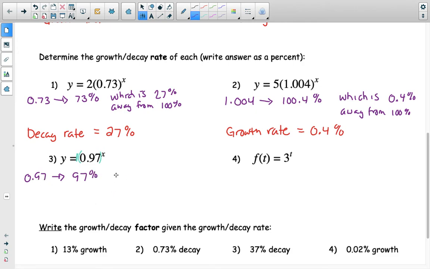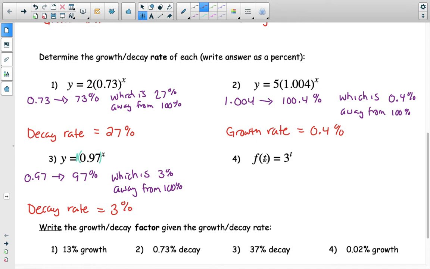This is 3% away from 100%, because if I added 3, I'd get to 100. That means that since it is below 100, it is a decay, and the rate is equal to 3%. We don't see that number in here, and that's fine, because the rate we have to get from the factor.